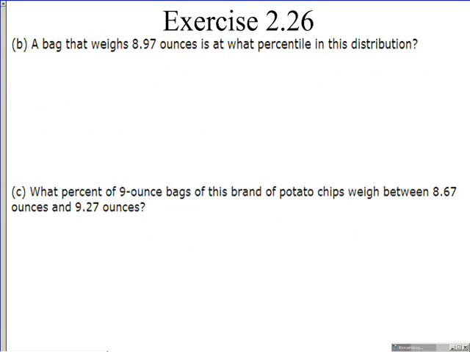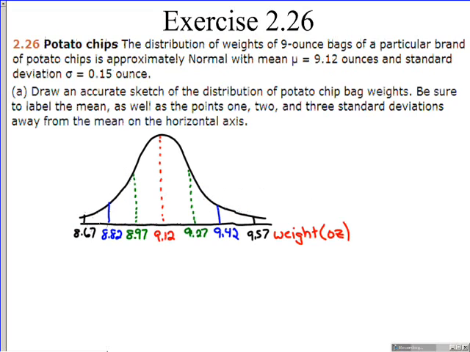First one, a bag that weighs 8.97 ounces is at what percentile in this distribution? Well, we're told here that our distribution is approximately normal, meaning we're dealing with a symmetric shape. What things do we know here based on the empirical rule? First of all, remember that to the right here is going to be 50% of our data. To the left is going to be 50% of our data.